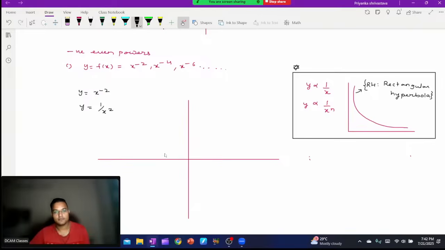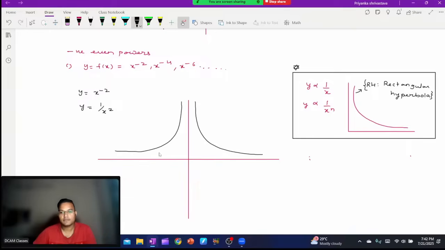So you get a rectangular hyperbola in the second quadrant as well as in the first quadrant. Very good. But they don't meet, do they? Yes, they will not meet, because 1 by 0 would be infinity. Correct. Very good. So like this.